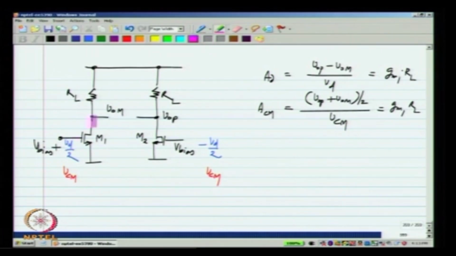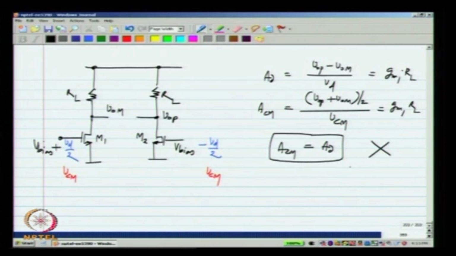Because each circuit operates independently, whether I have VCM here or Vd and minus Vd, it does not matter. If I have equal voltages on two sides, the output will still respond. So, in this case ACM equals AD.